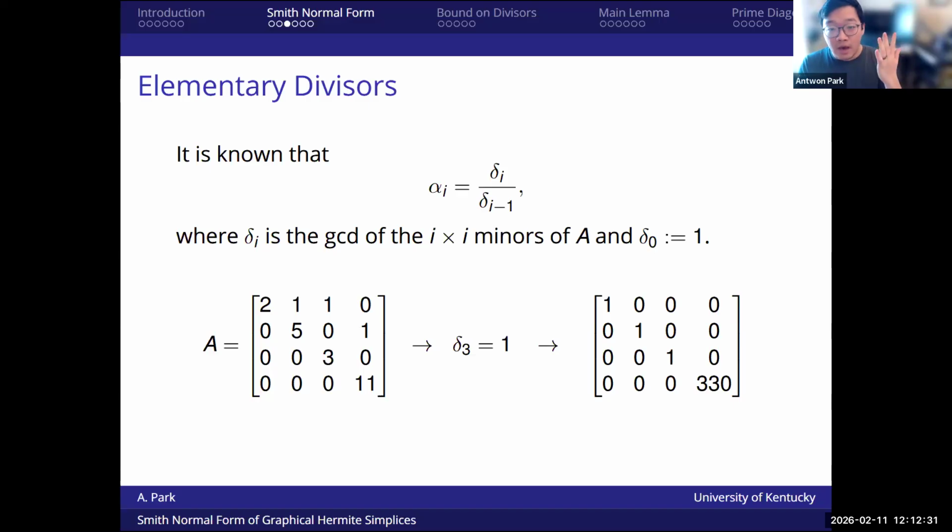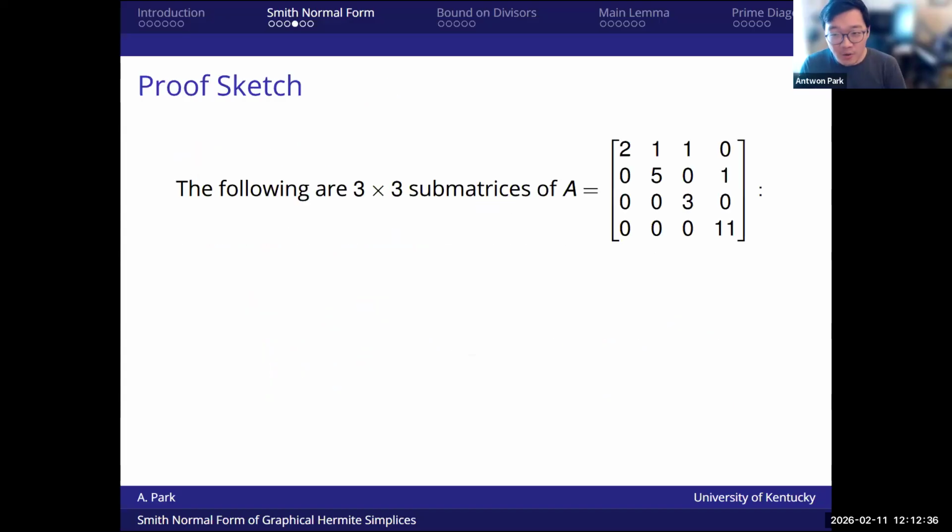And so if I look at this A matrix, one thing that I can do is I can say, well, I'm trying to find 3 by 3 submatrices with nice determinants. So one thing that I'm going to do is take the submatrix where I remove the fourth row and the fourth column. That's going to leave me with this submatrix.